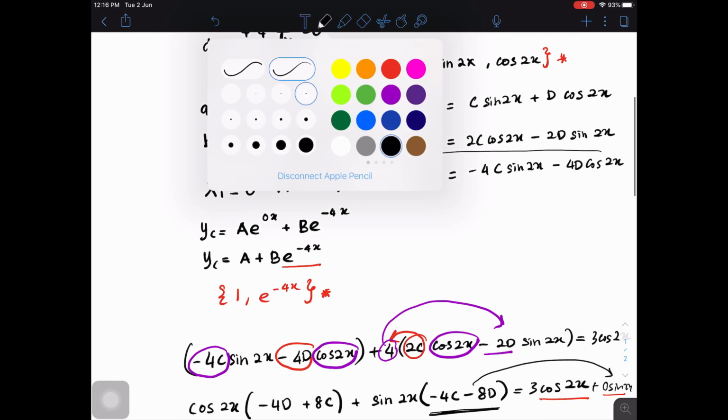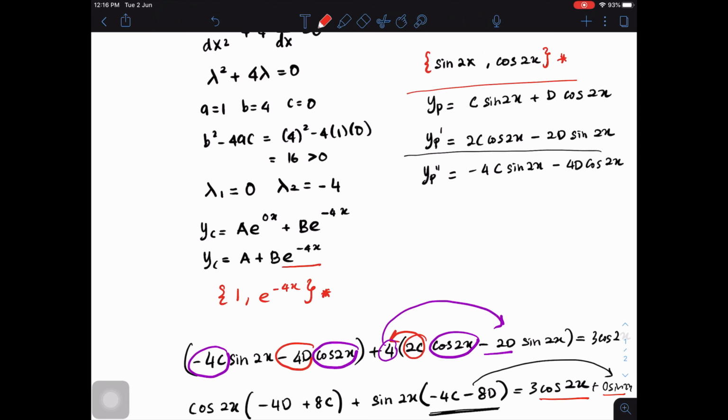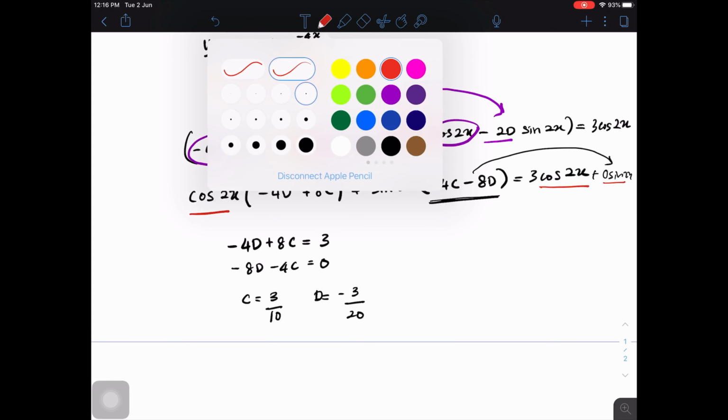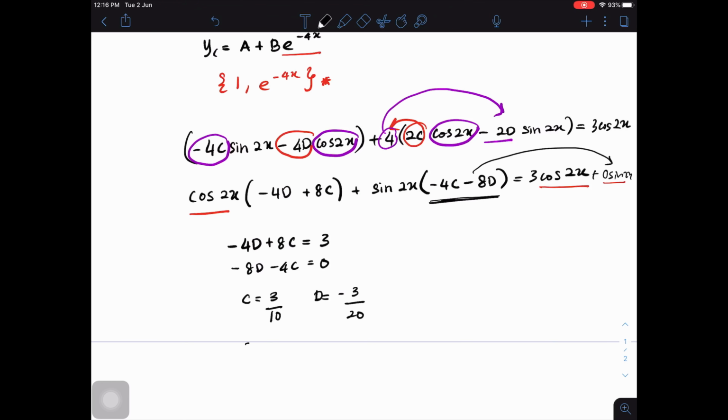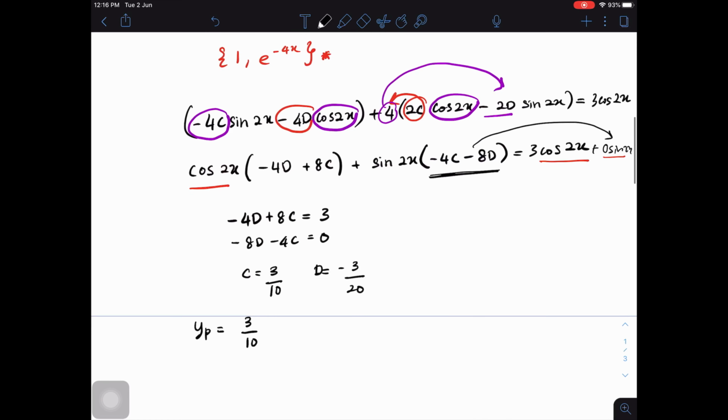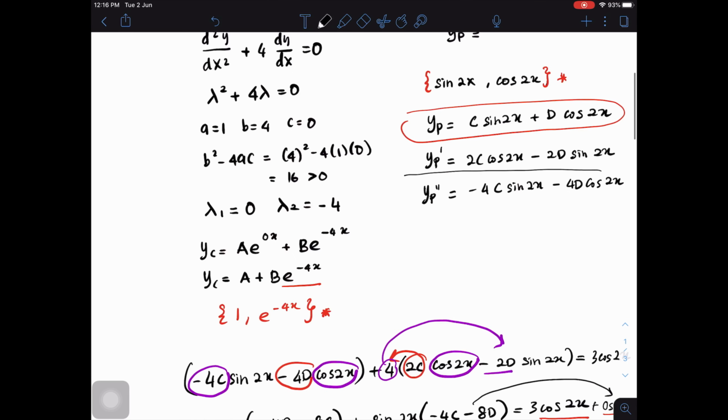Here is your yp, so just substitute back the values of c and d. Therefore you will have your yp as 3 over 10 sine 2x minus 3 over 20 cos 2x. So this one is your yp.